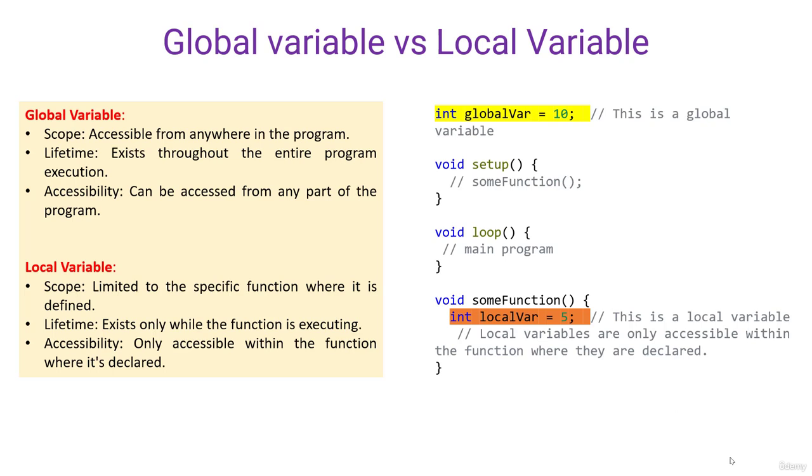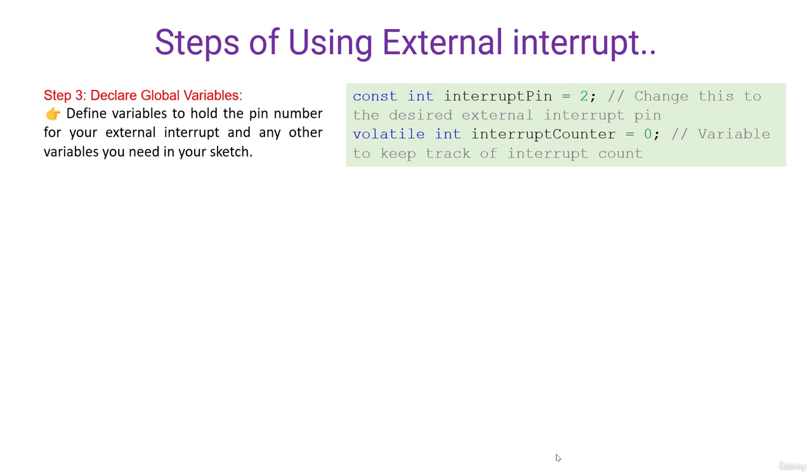When we are using global interrupt, we need to define some variables as global variables so that we can access them from the interrupt service routine or other functions. In step 3, that is why we are using global variables. This is to define variables to hold the pin number for the external interrupt and any other variable you need in your sketch.